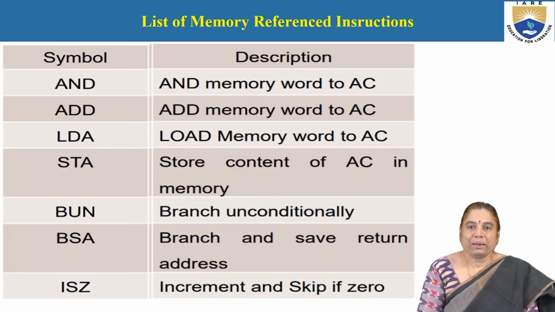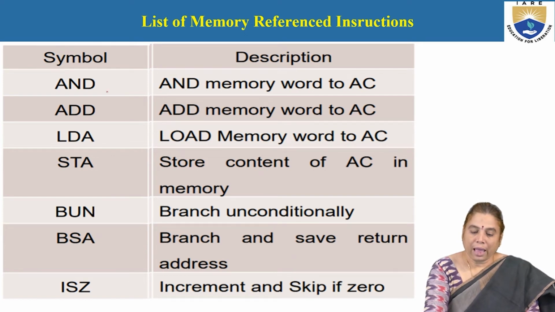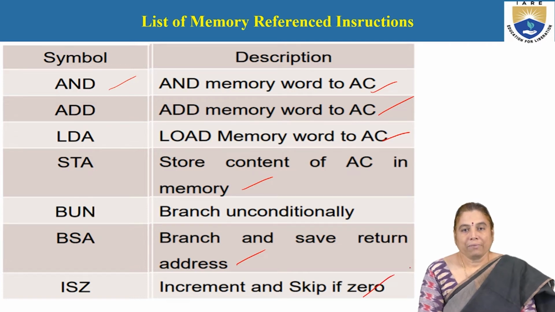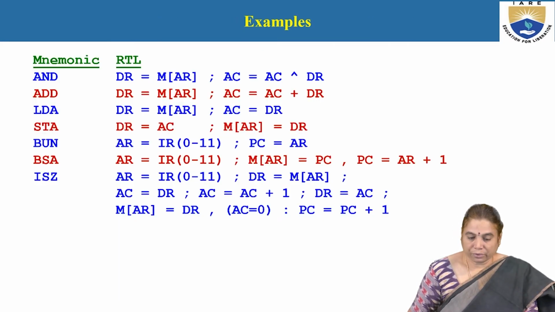The list of memory reference instructions are: AND, AND memory word to the accumulator; ADD, add memory word to the accumulator; LDA, load memory word to the accumulator; STA, store content of accumulator in the memory; BUN, branch unconditionally, without checking the condition, the branch operation is performed; BSA, branch and save return address; ISZ, increment and skip if 0. So these are the variety of memory reference instructions.